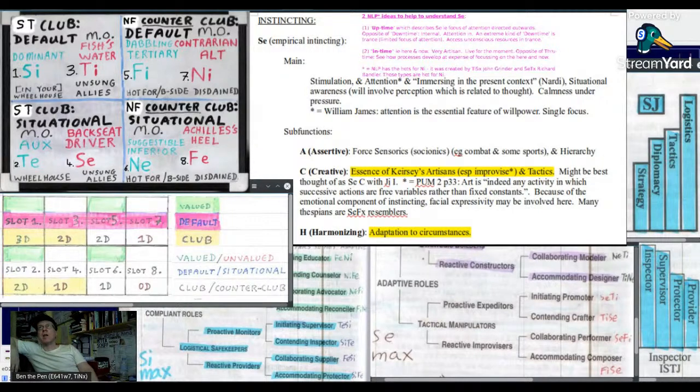They might adapt to circumstances in an SI way. So they might go, oh, it's gone wrong, this is what we do, because they've already thought about what can go wrong and what to do, because they're mentally prepared for it.